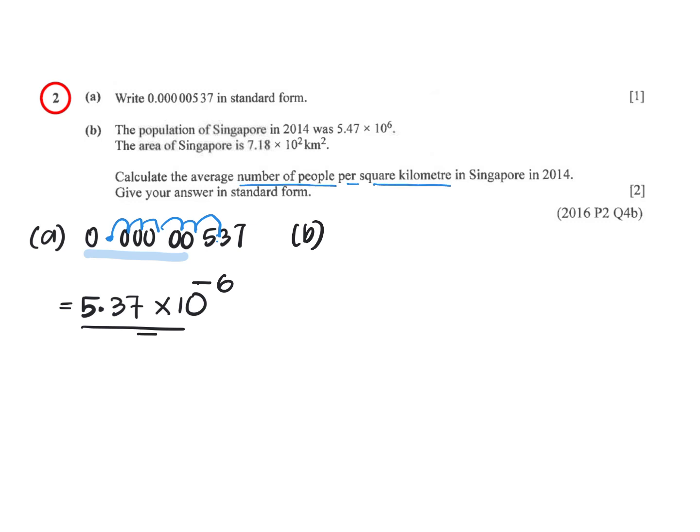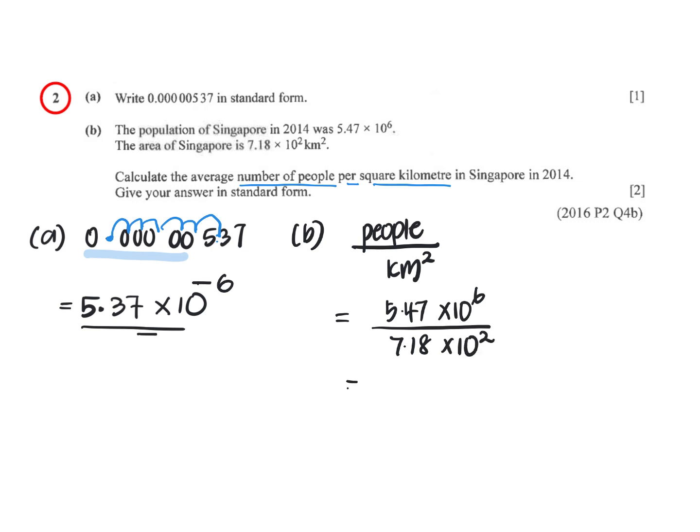The question tells me they want people per square kilometer. So this is actually telling me to divide. I'm going to take my population, which was 5.47 times 10 to the power of 6, over my area of the land, 7.18 times 10 to the power of 2, right?